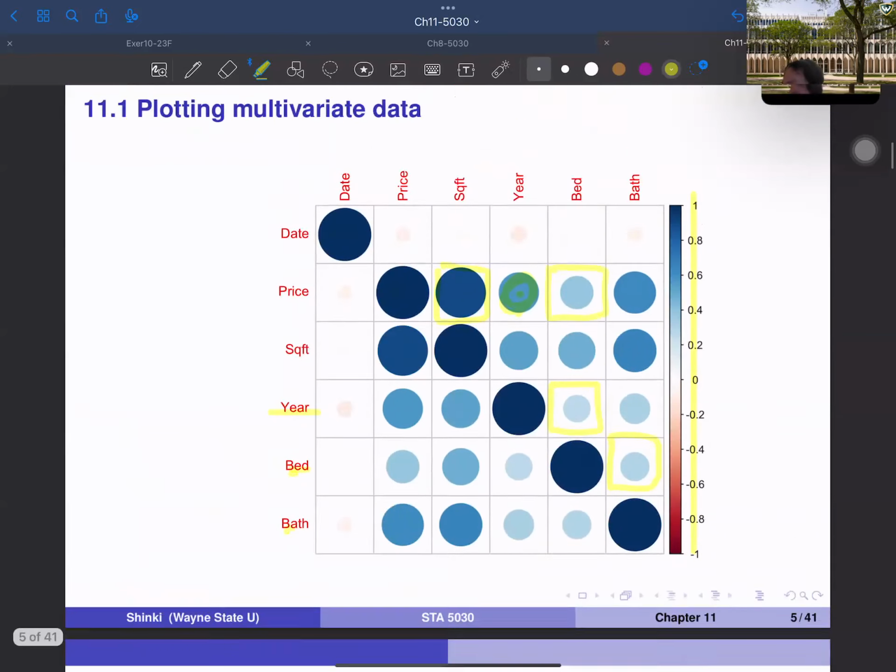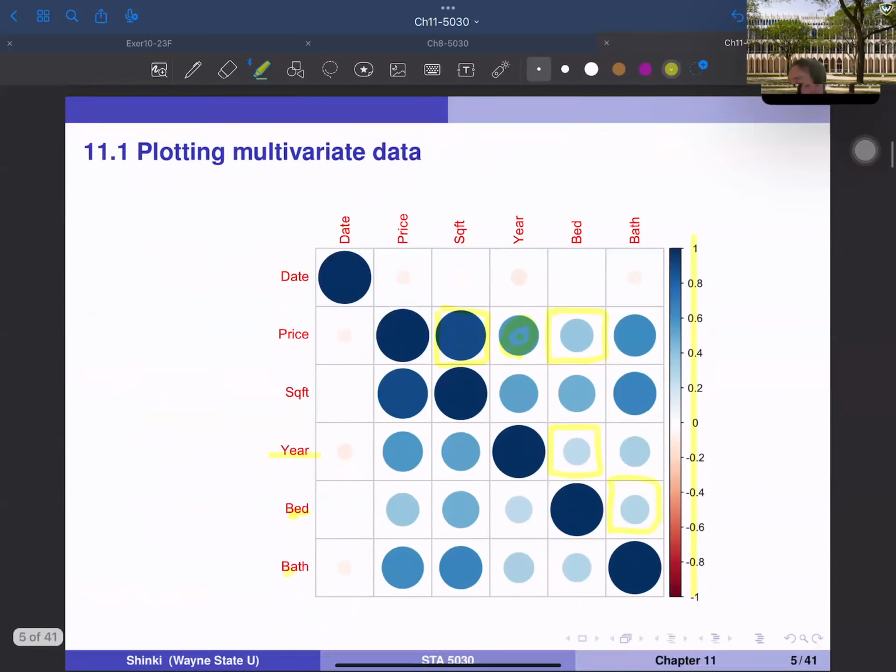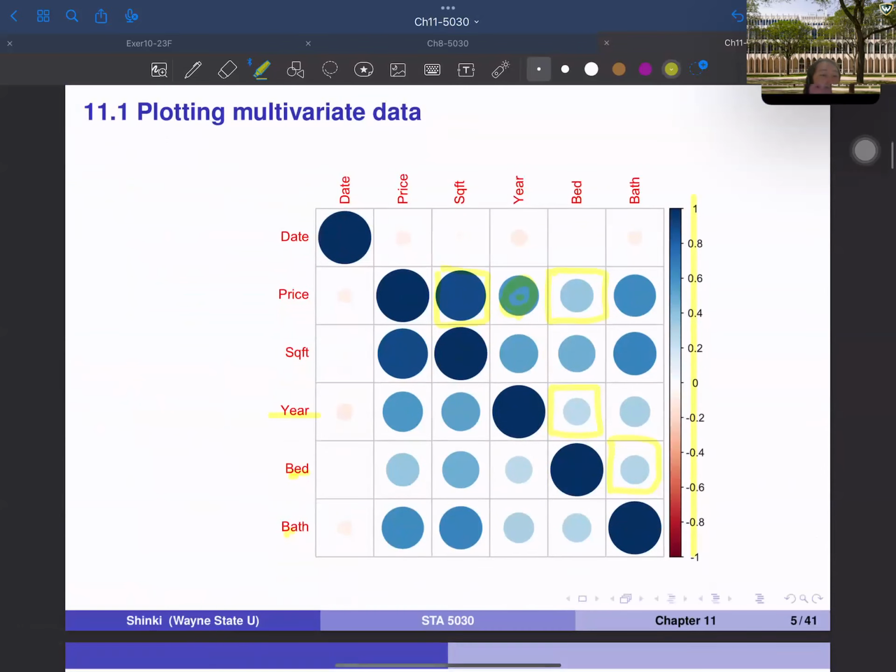You can check the corrplot function to see it. I think this is in the default package. Maybe not. You can search on the website to see.